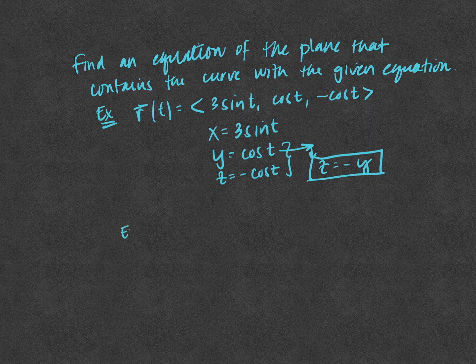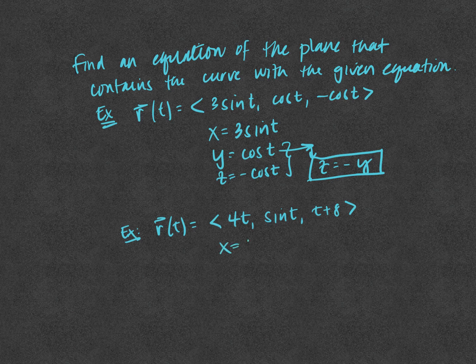Let's do another example. It says the same directions, find the plane that contains the curve with the given equation. Let's say r of t equals 4t, and in this one we have sine of t, and in the third component we have t plus 8.